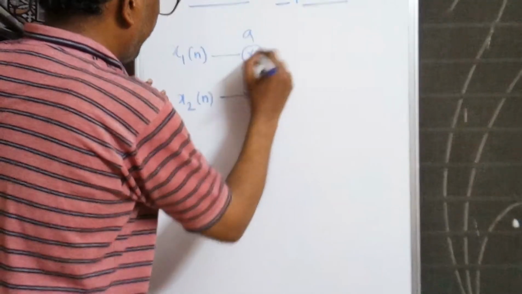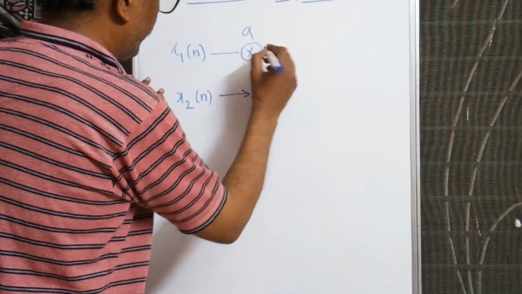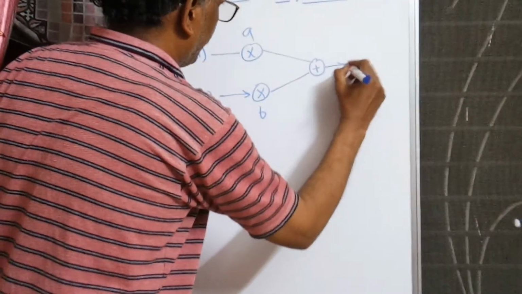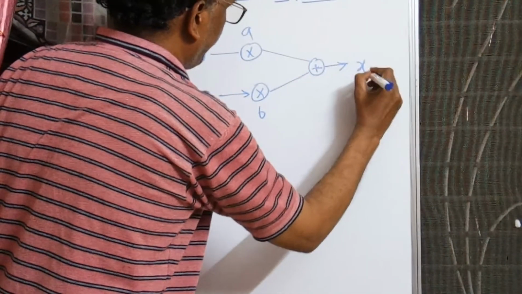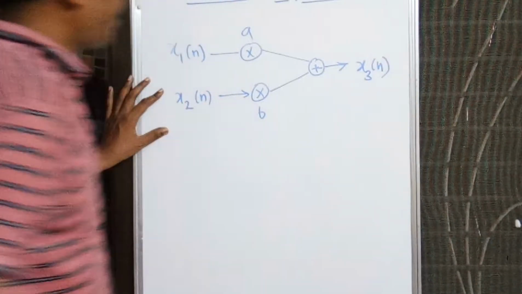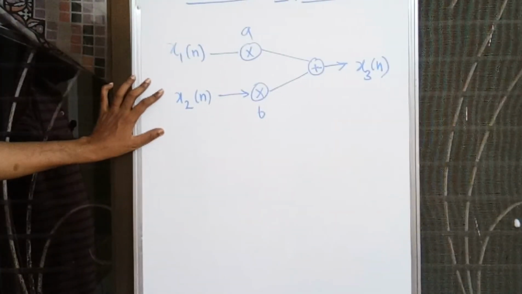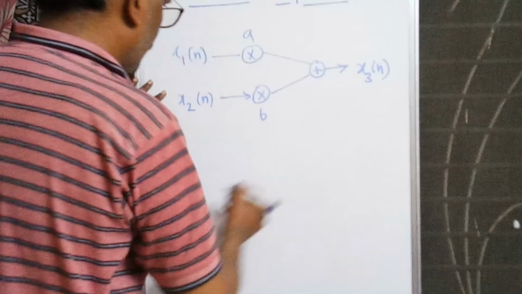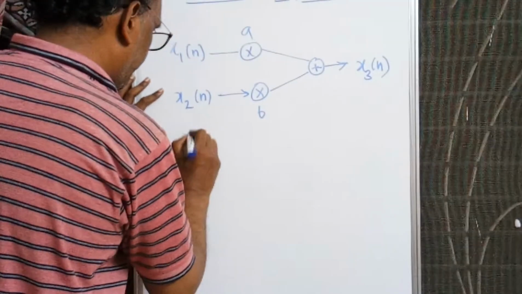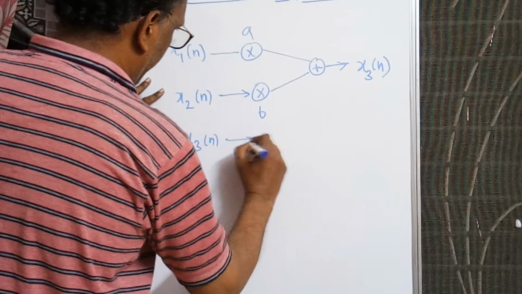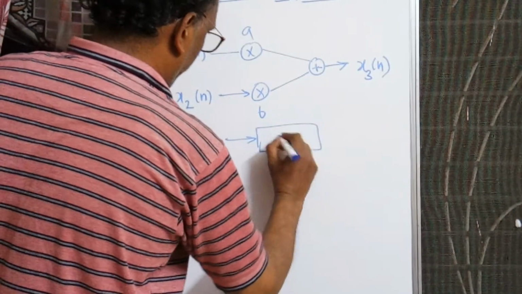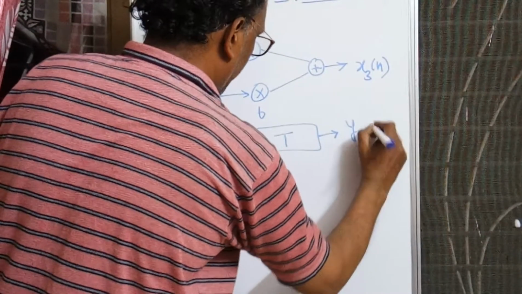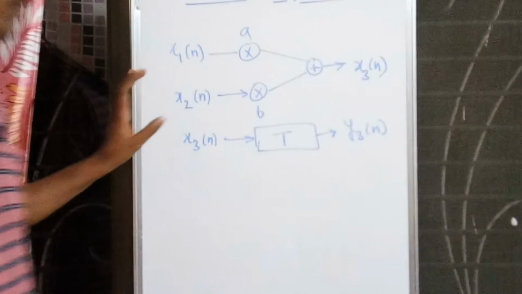These a and b are constants. Then we add these two and get another input, which we call x3[n]. x3[n] is the linear combination of the inputs. We pass that x3[n] through a system denoted by T, and whose output is y3[n].